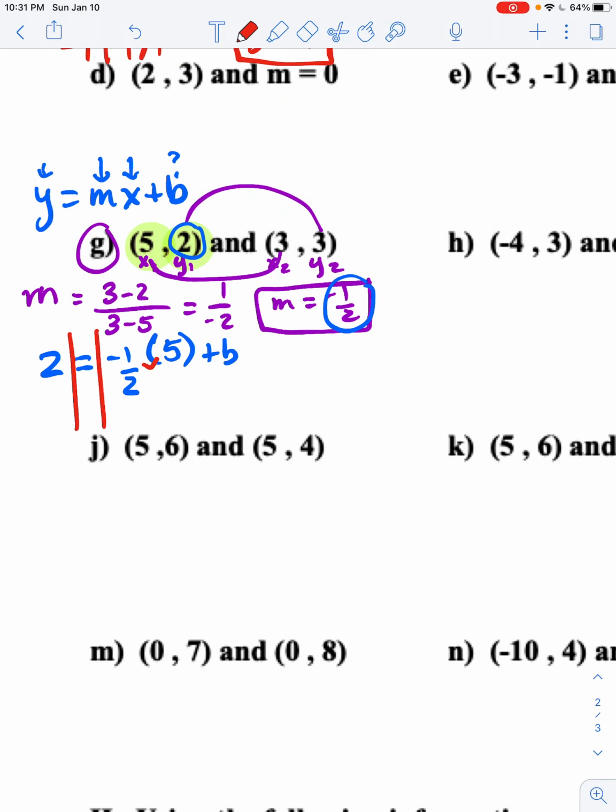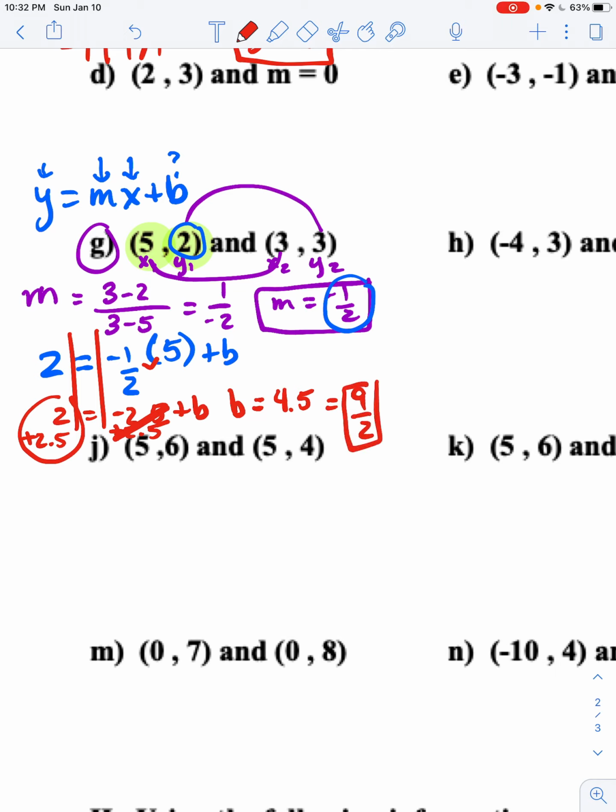I do have to do this. Negative 1/2 times 5 is going to be negative 2.5, and you can obviously do that on your calculator. Then I need to add that to the other side to move it, so that here it'll cancel out. When I add these two, b ends up being 4.5 or 9/2.